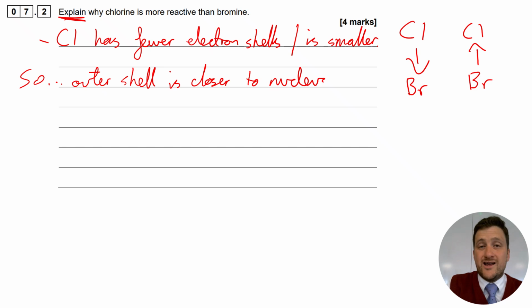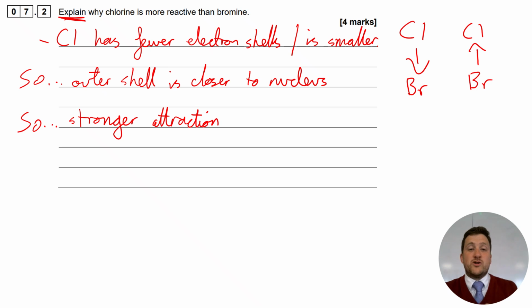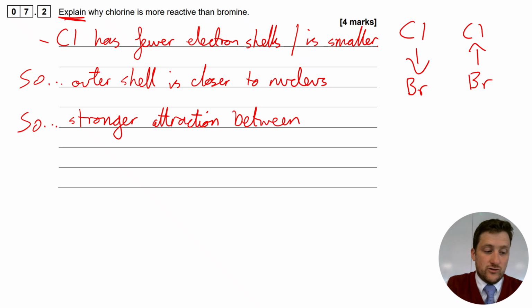This is where our explanation comes in. So, what's the point? Why does that matter? There is a stronger attraction. And you need to say what that attraction is between. So, stronger attraction between the nucleus and outer shell.